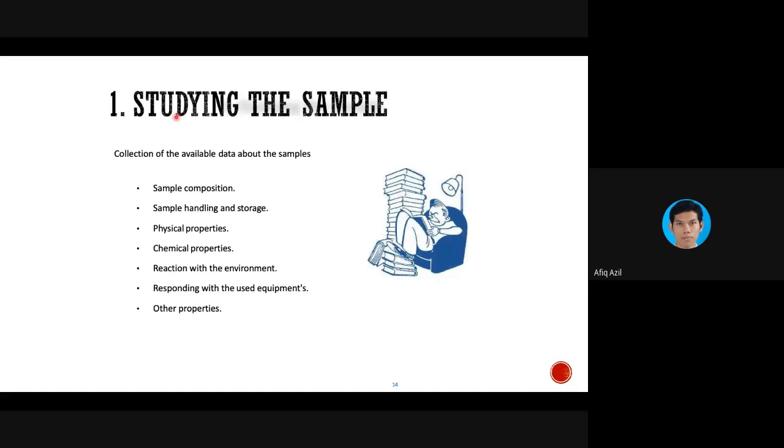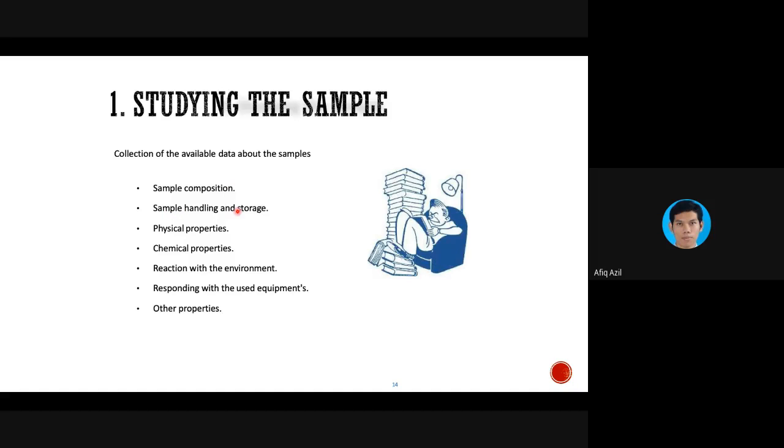First, what does studying the sample mean? If you have a sample, you must have all the available data about the sample. It means, what is the composition. This can correspond to, for example, the chemical formula, or whether the sample is hazardous material or not, whether it is flammable, poisonous. This is one of the important criteria or parameters of the samples that you have to know.